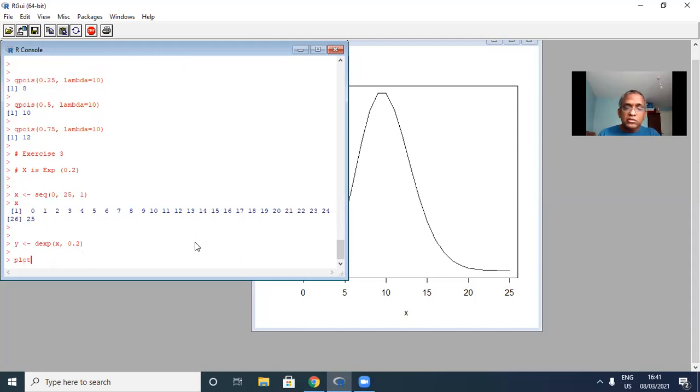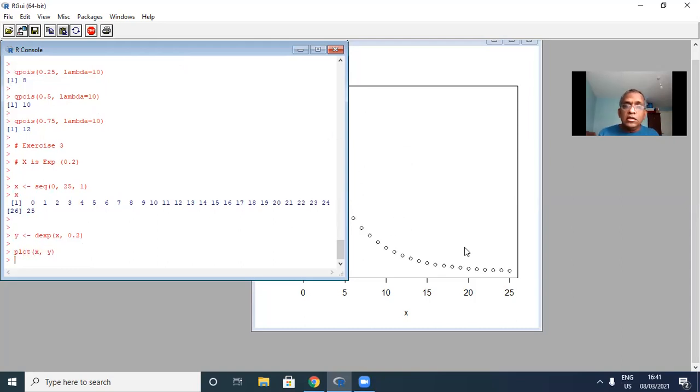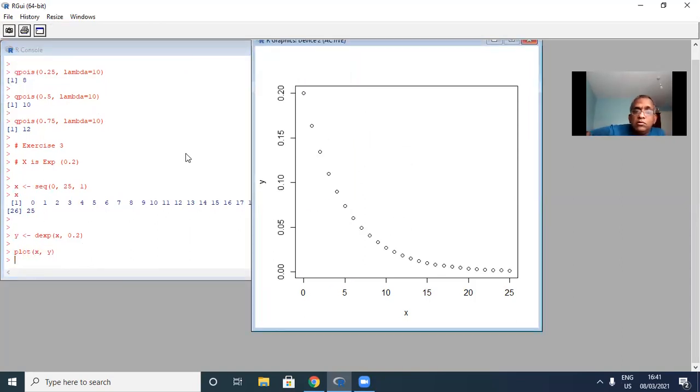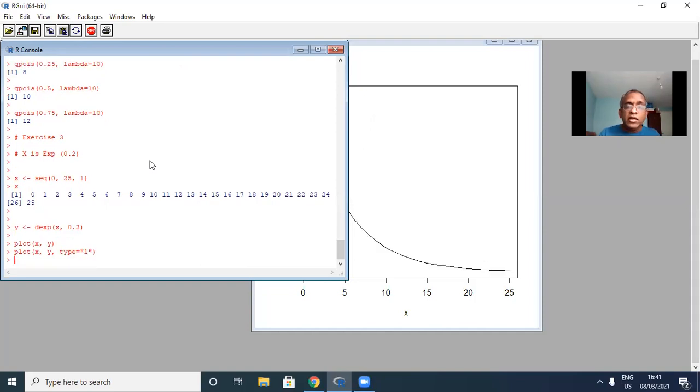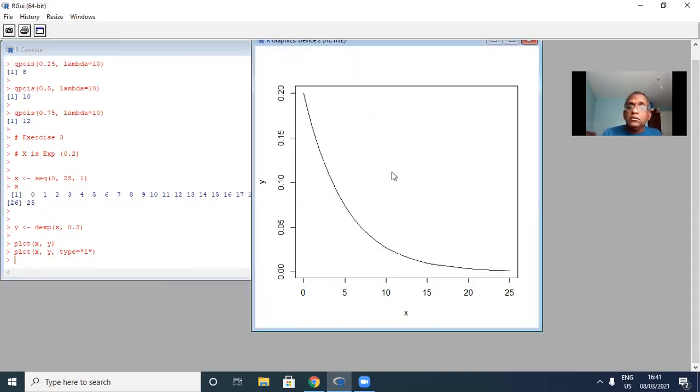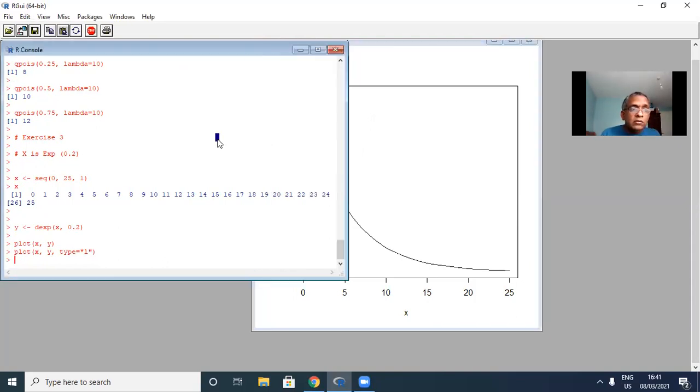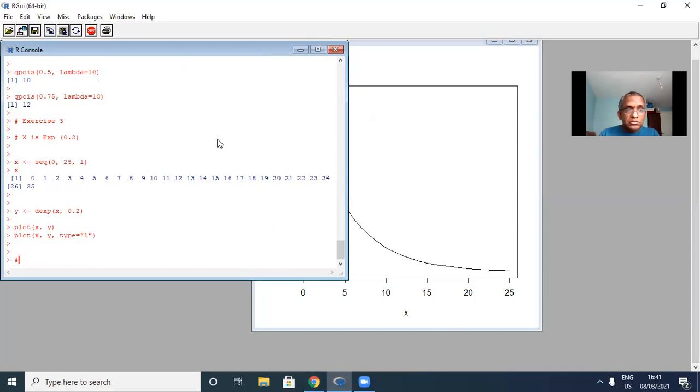Then you say plot X comma Y, and what we have plotted here is the density of an exponential distribution with parameter 0.2. So you can put type equal to L for line. It will look like this, right? Okay. All right. Now, the question is also asking you to find the probability that X is less than 12.